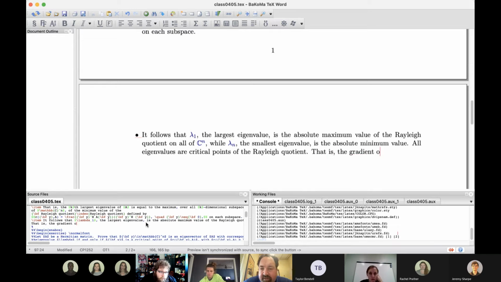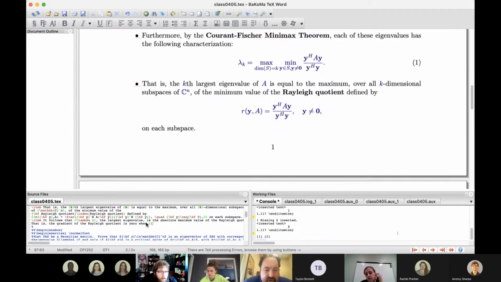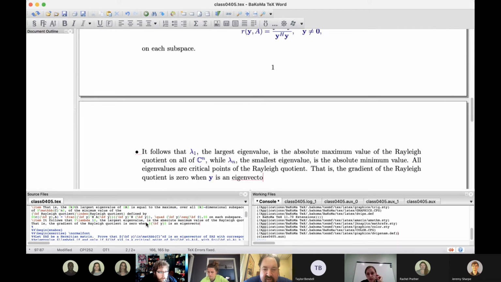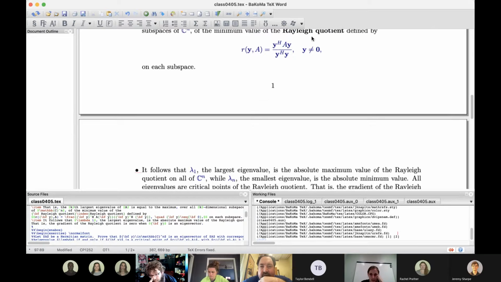The gradient of a Rayleigh quotient is 0 when the vector you're evaluating the gradient at, y, is an eigenvector. So if you were to actually go ahead and take the gradient of this, you take all partial derivatives with respect to the components of y.